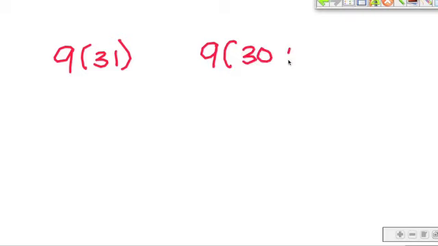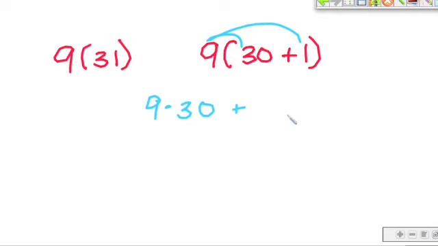So let's look at that with some numbers. If I did 9 times 31, let's say that was 9 times 30 plus 1. Same kind of thing. I would do 9 times 30 plus 9 times 1. 9 times 30 is going to give me 270, plus 9 times 1 is 9.